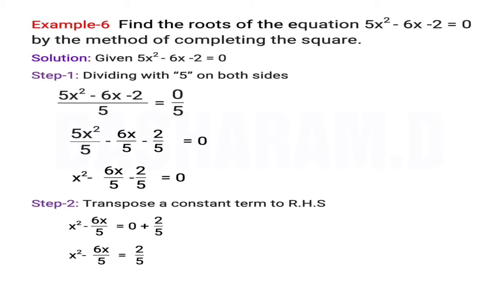So step 1 is to make the coefficient of x square equal to 1. Coming to step 2: transpose the constant term to the RHS. What is the constant term? Minus 2 by 5 is the constant term. Transposing it to the RHS, it becomes plus 2 by 5. So 0 plus 2 by 5 is 2 by 5.